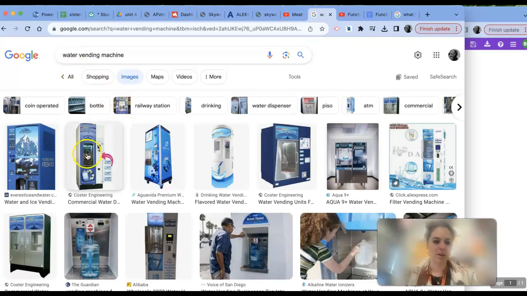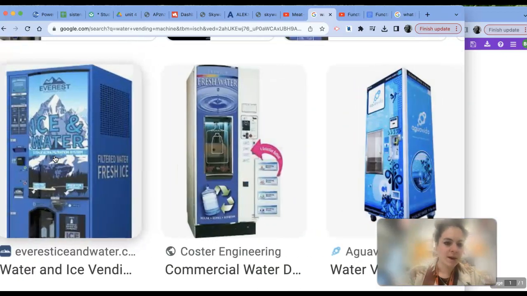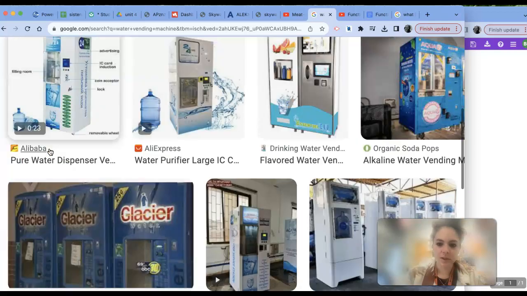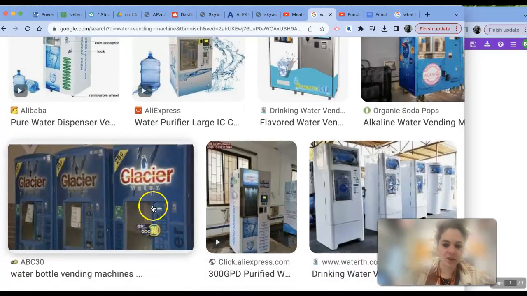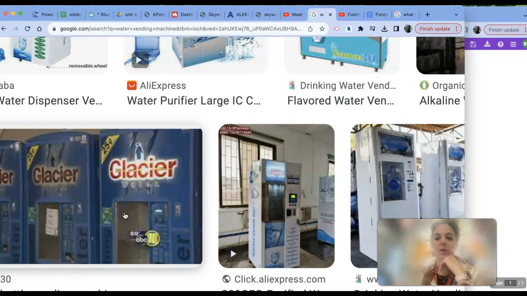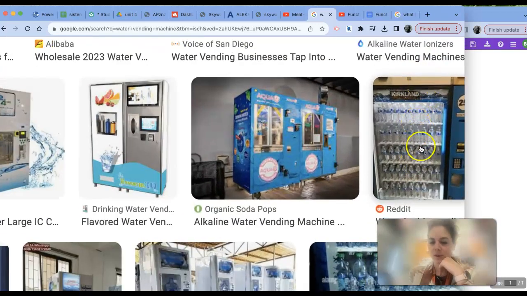If I go to a water vending machine like this Glacier water vending machine, if I press, let's say they have A1, A2, A3, no matter what I press, I'm going to get water. Here's a really good one, this Kirkland water. No matter what buttons I press, I'm going to get water.